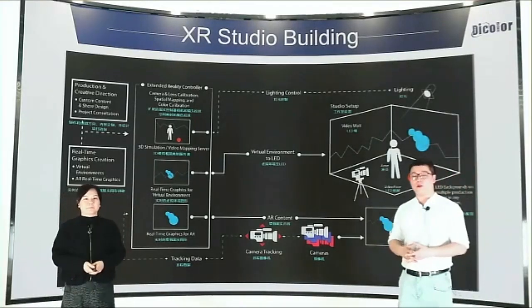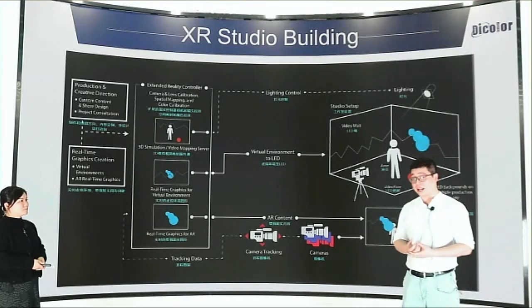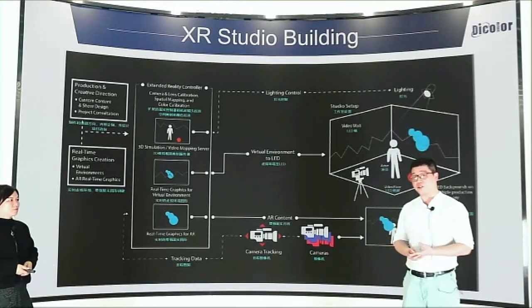So here I want to show simple steps. First, we need a professional video source from the XR production team, and then we need the central processing media server to process that video source.